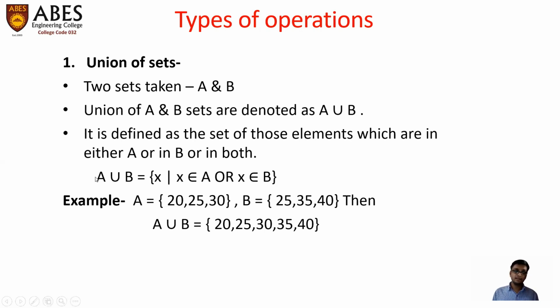In generalized form it can be written as A ∪ B = {x | x belongs to A or x belongs to B}. Here x is the element which will be present inside the set A ∪ B. It is taken from either set A, or from set B, or from both sets.